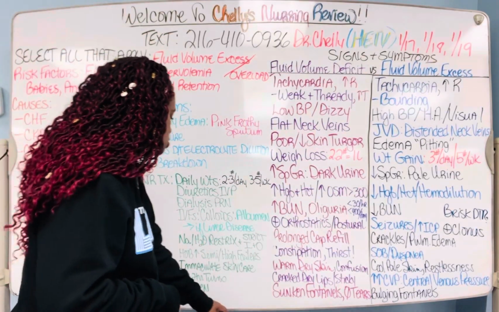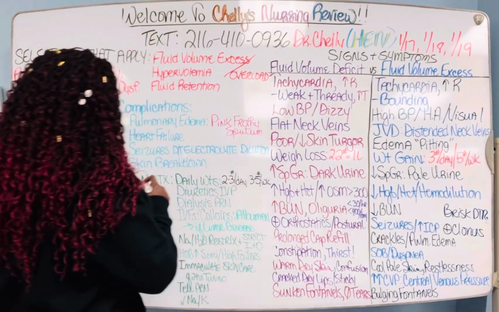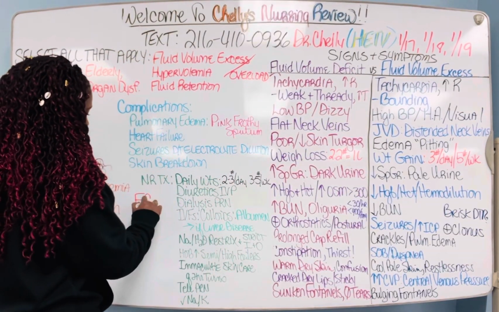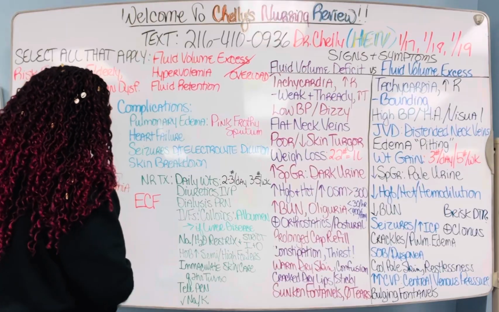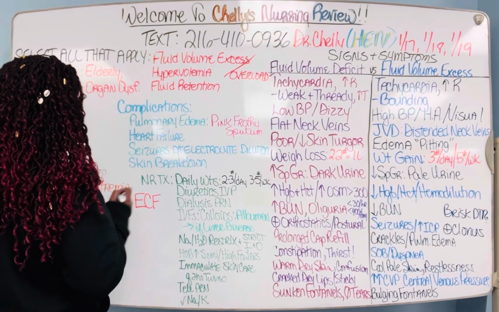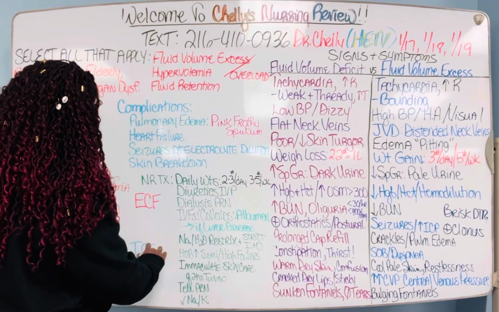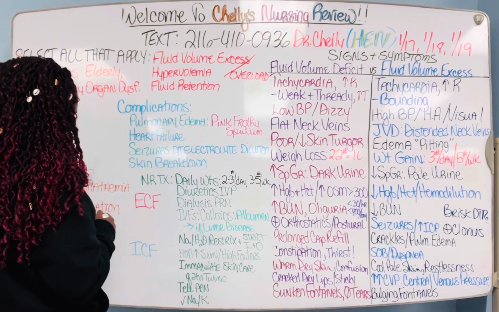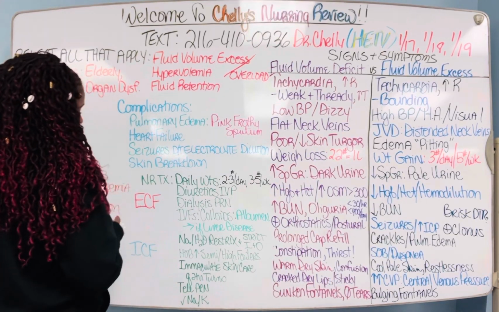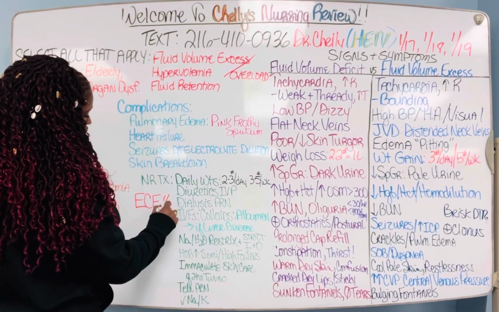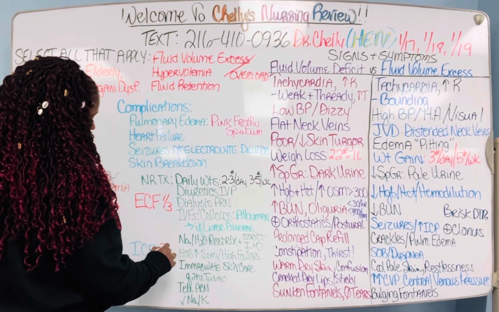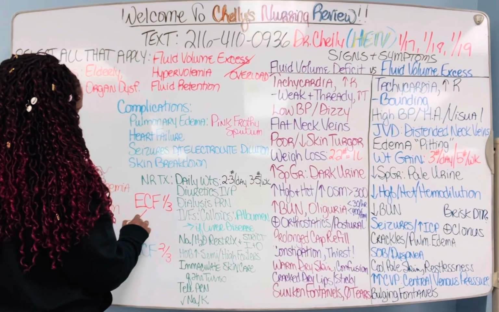I want to make sure that you remember a little something about this whole thing. So we have something called extracellular fluid, and we have something called intracellular fluid. Extracellular fluid is 1/3 of the body's fluid, and intracellular fluid is 2/3.